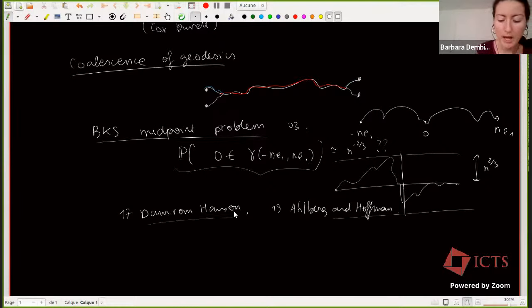Here they had an assumption on the limit shape, like differentiability of the boundary of the limit shape, and here they have no assumption. To study that, they study the coalescence of infinite geodesics through Busemann functions. They were able to prove that this goes to 0 because it's linked to the existence of infinite geodesics, but there was no quantitative control on how fast it goes to 0.